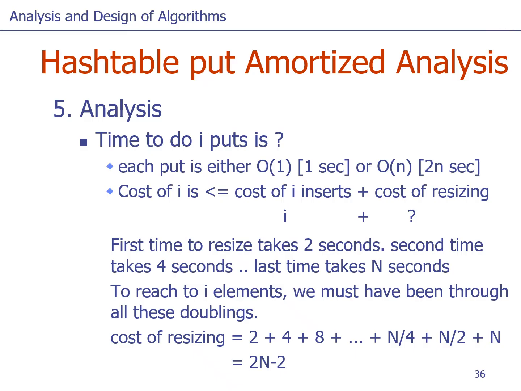Okay, so that's the last time, because the way we're thinking of this, I will run i operations, the simulation, and then I stop and say, okay, let me figure out how much time I took. So now I have in my hash table n buckets. So to build those n buckets from the previous bucket size, which was n by 2, it took me n seconds, proportional to the size of the buckets or the number of the buckets.